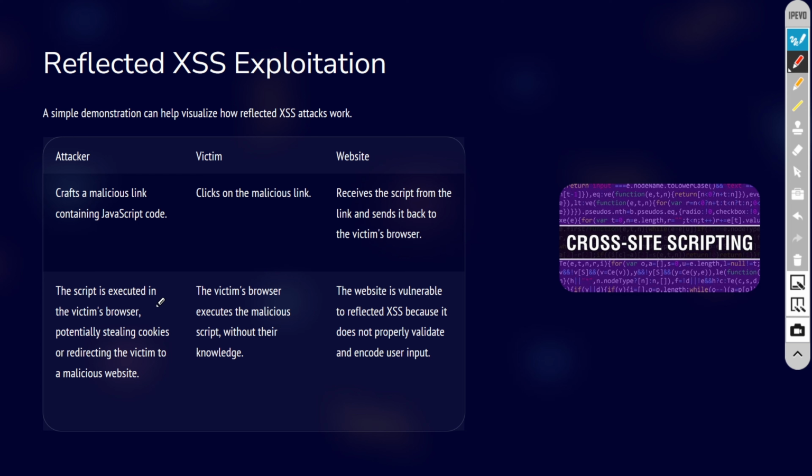The script is executed in the victim's browser, potentially stealing cookies, or we can also redirect them to a malicious website. The victim's browser executes the malicious script without their knowledge.